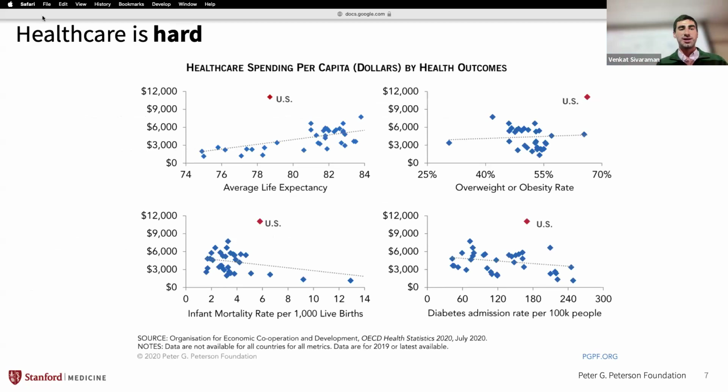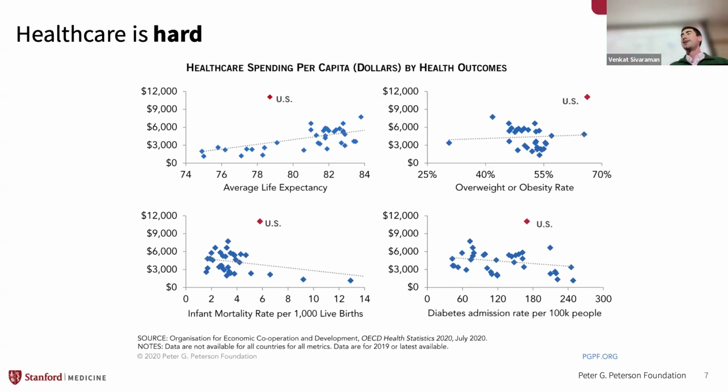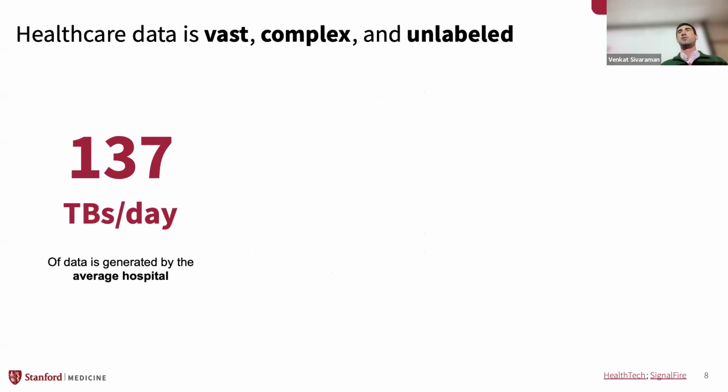So the first motivation for working in machine learning for healthcare, or just healthcare in general, is that healthcare is hard, right? These plots show the health outcomes versus how much we spend on health outcomes. And you can see that the US is kind of an outlier here, right? So healthcare is not a problem where you just throw more money at it and people get healthier. They have to think a little bit more critically. And the data itself is very vast, very complex, and it's pretty much entirely unlabeled.